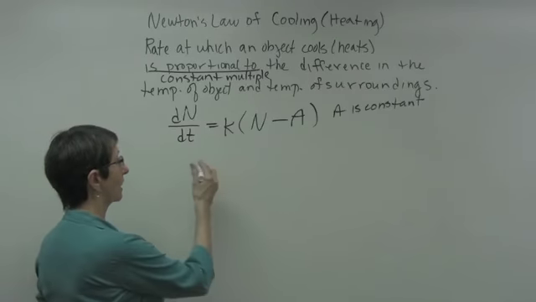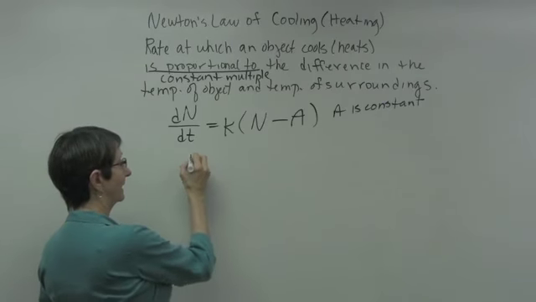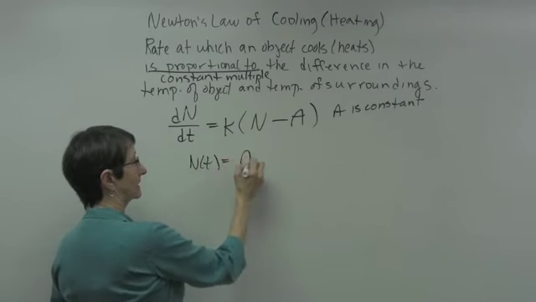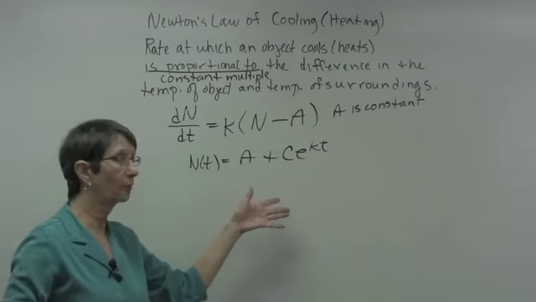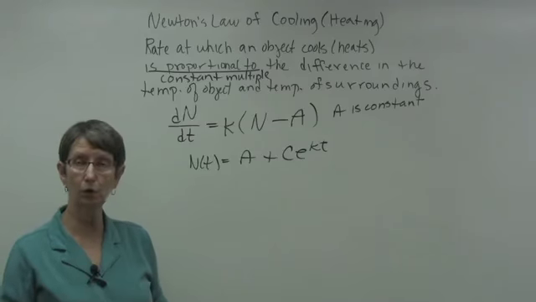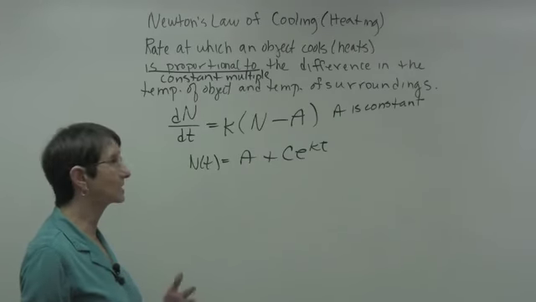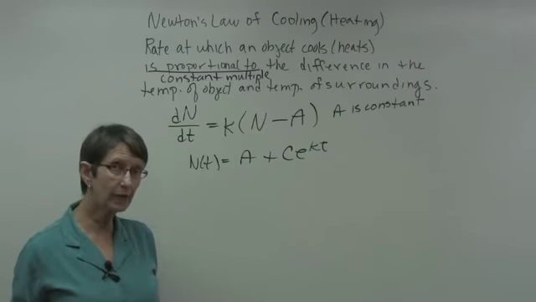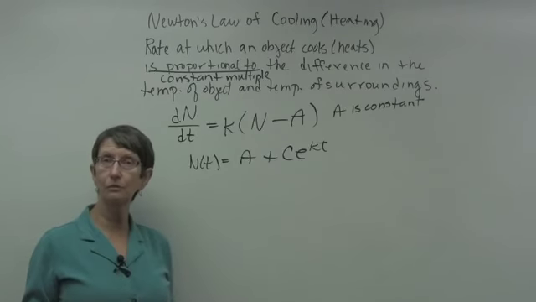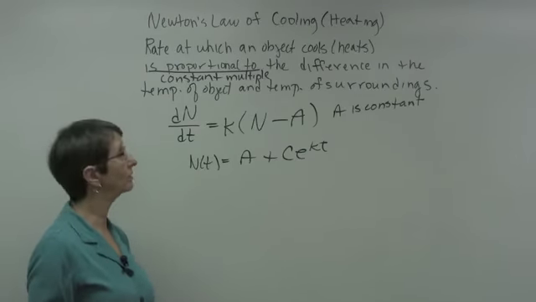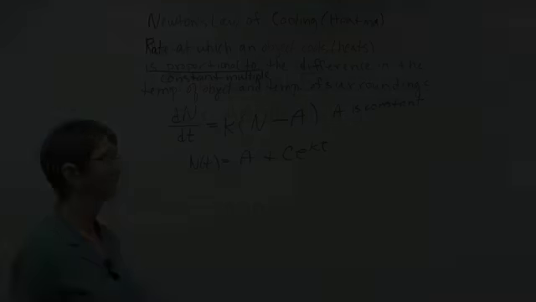The standard Newton's law of cooling formula says N of T is A plus C e to the KT, and this general formula covers either heating or cooling. It all depends on the application you're working with. So I'll do a couple of different applications and we'll see how this works out. So let's look at this first problem.